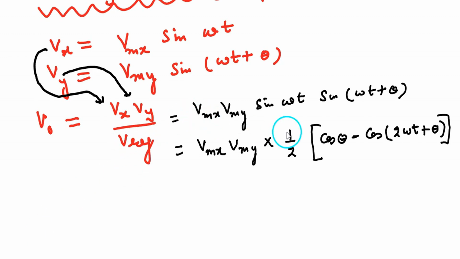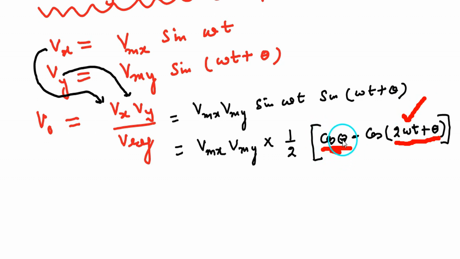Now the important thing is that this term does not contain any omega. If it does not contain any omega, this is the DC term, not AC. This part is AC because it contains the frequency. This one doesn't contain any frequency.